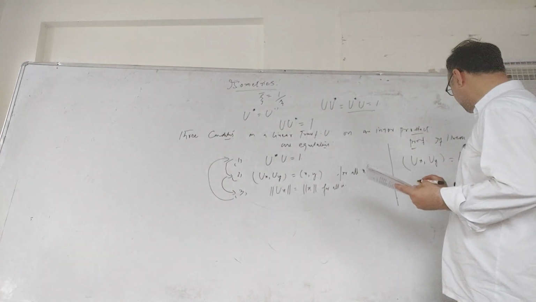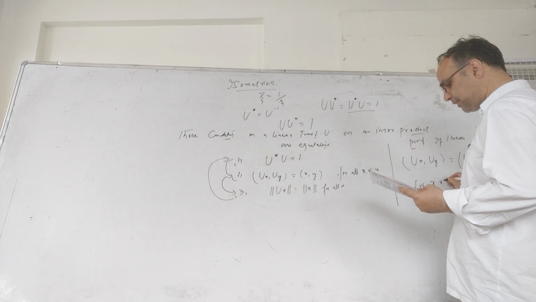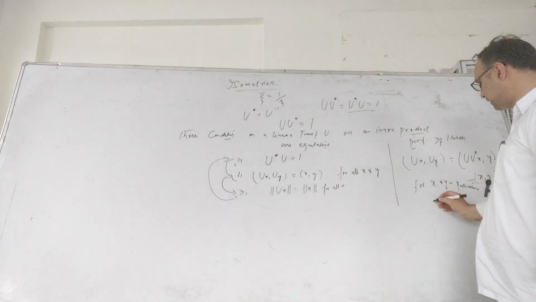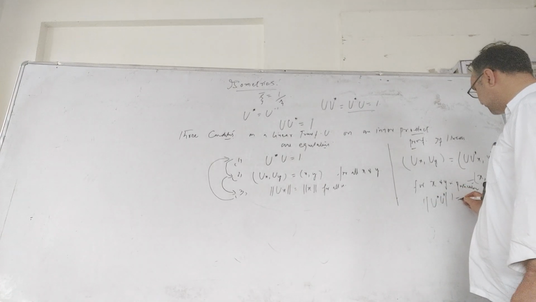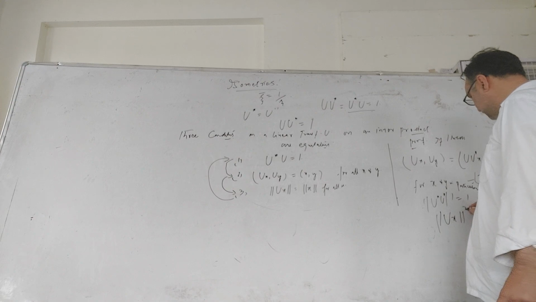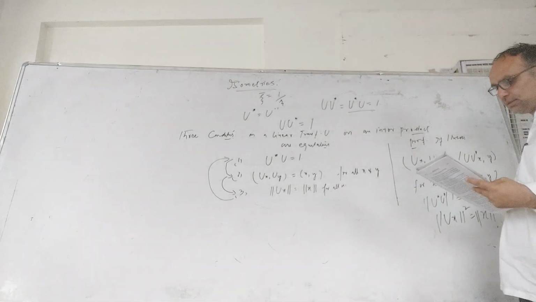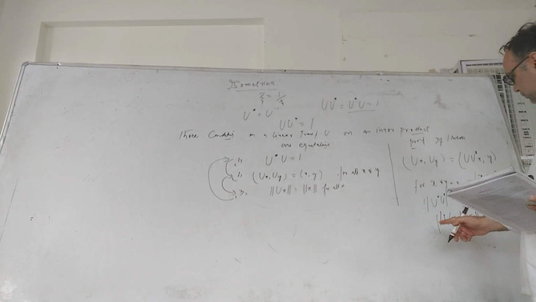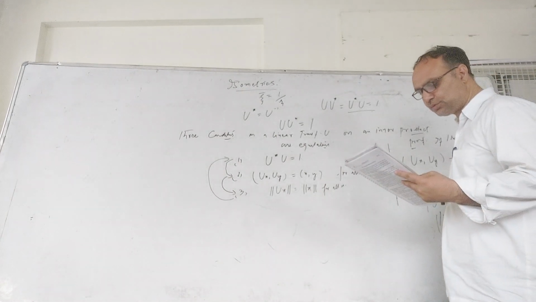And for x and y in particular, for example, if U dagger U is 1, its modulus will be 1. So this means modulus of U of x squared will be equal to modulus of x squared, or from this you can say modulus of Ux is equal to modulus of x.